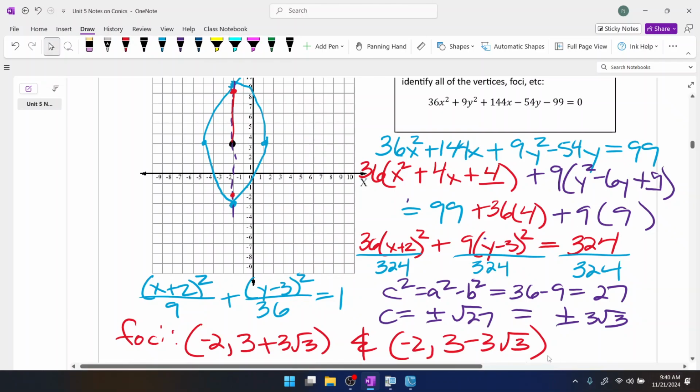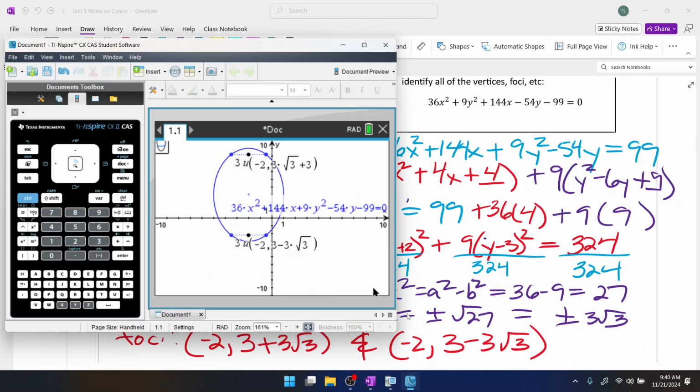Now, before we move on to the next example, I do want to show you that everything I'm talking about is true here. It's not like I'm just feeding you a bunch of nonsense. So what I did was I went to the TI Inspire, and you can graph this as a conic or as a relation.